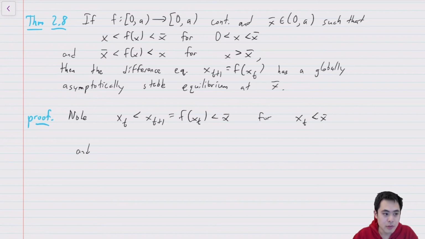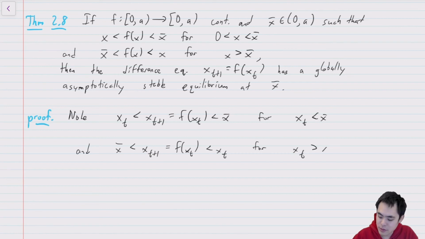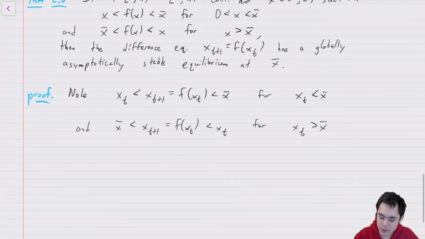And x bar is less than x sub t plus 1, which is equal to f of x sub t, which is less than x sub t for x sub t greater than x bar. So we're just applying the condition on f to the value x sub t. Okay, so we have a couple cases here. So let's call this case 1.